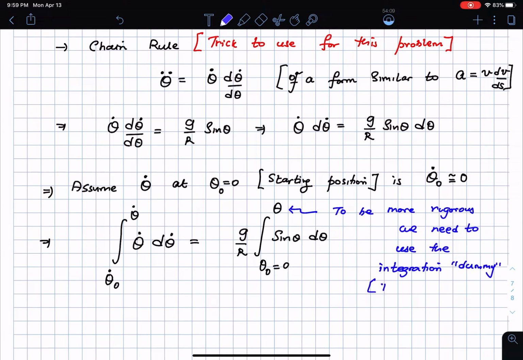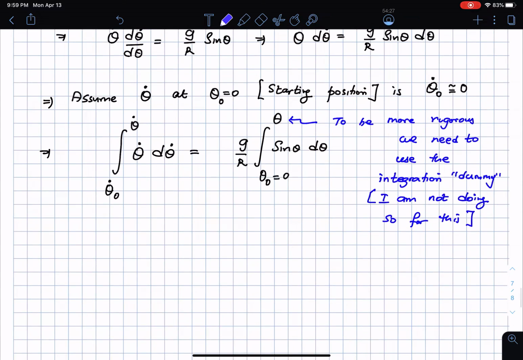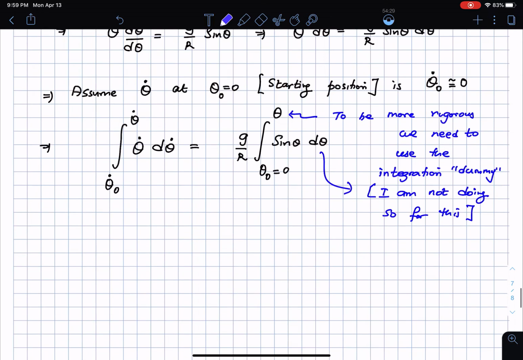I'm not doing that in this problem; it's just semantics if you want to be a little more rigorous. So the basic idea is that this is the integral of theta dot d theta dot, which I can integrate.